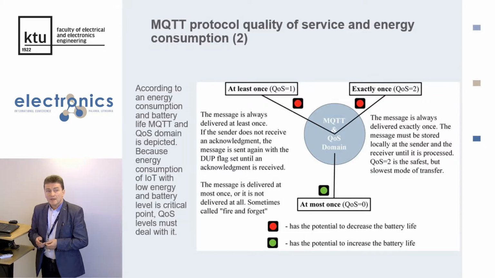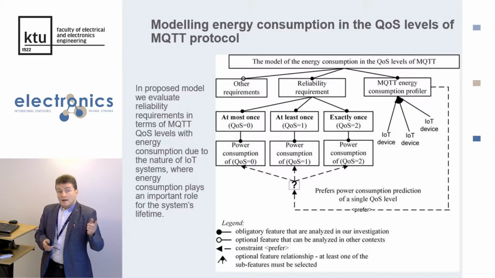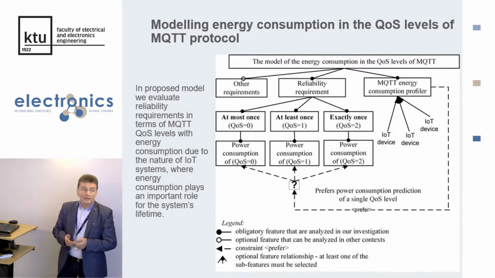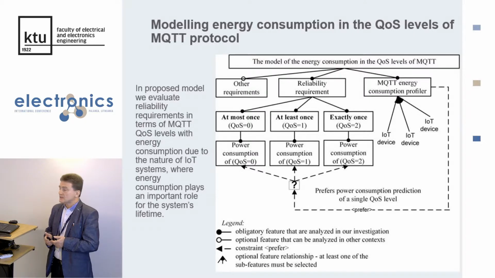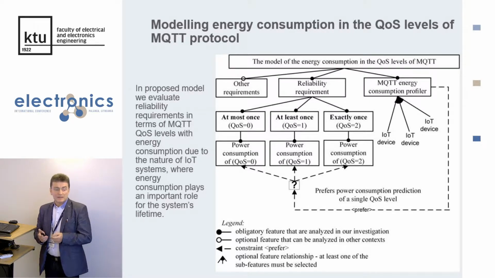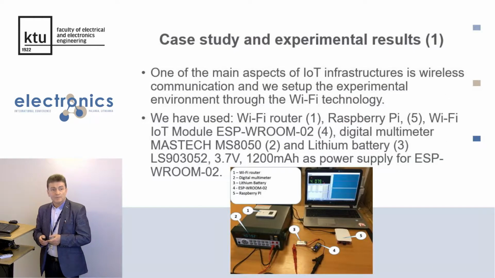As we can see, the at least once and exactly once levels have the potential to decrease battery life, and only the lowest level has the potential to increase it. In the proposed model we evaluate reliability requirements in terms of MQTT quality levels with energy consumption, due to the nature of Internet of Things systems, where energy consumption plays a very important role for the system's lifetime.